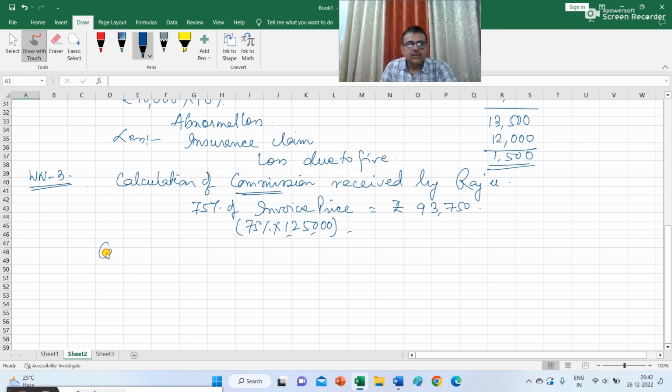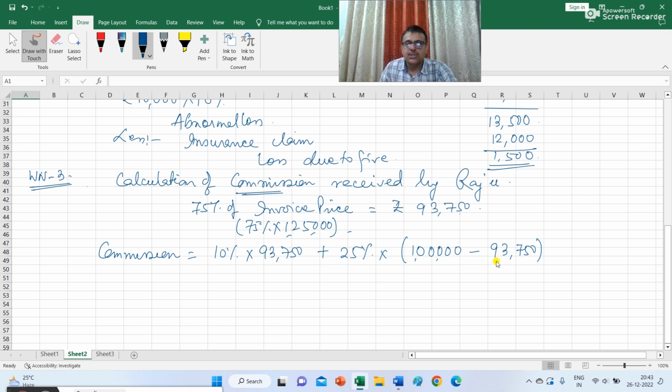Now the amount of commission. Now commission which is payable to Raju is 10% of the invoice price plus 25% of the difference in excess of invoice price. So 1 lakh is the amount of sales made by Raju, and in excess of rupees 93,750.